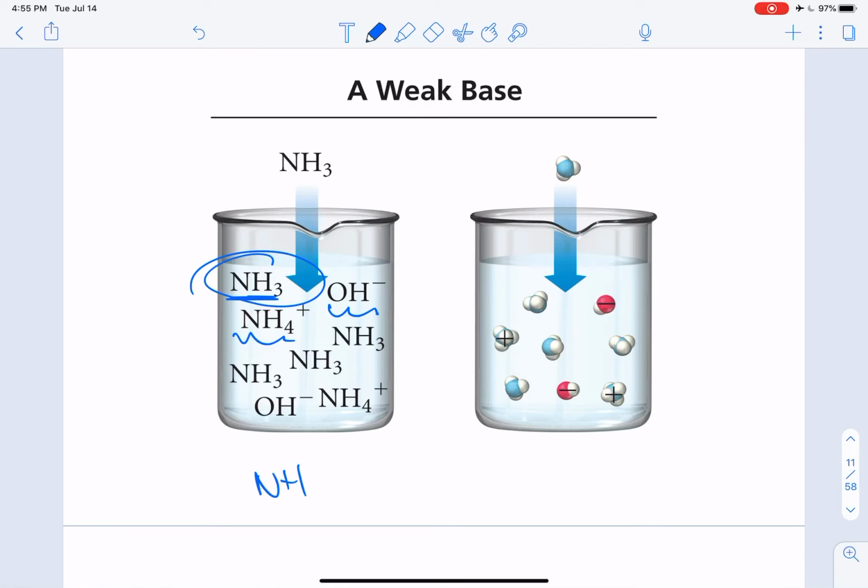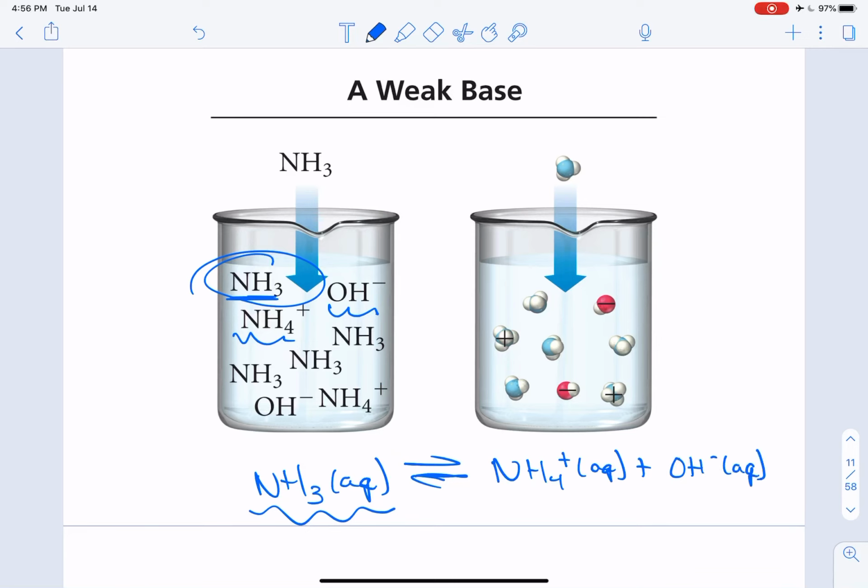So what we would do about that is write the double arrow. And again, that's indicating that when it reaches an equilibrium, we're going to have some of this stuff still sitting there along with our products. And you guys, the AQ is telling us what? It's telling us that everything is sitting around in water. And you guys can see that right here. It's sitting in a beaker of water.